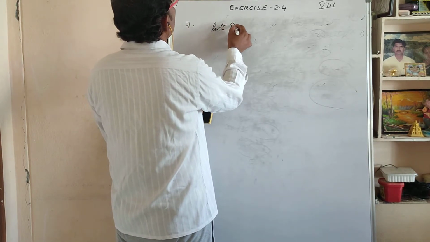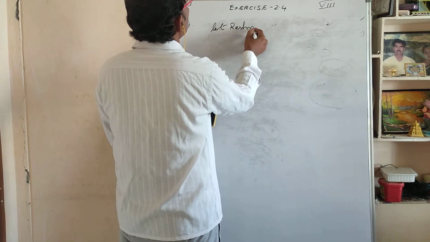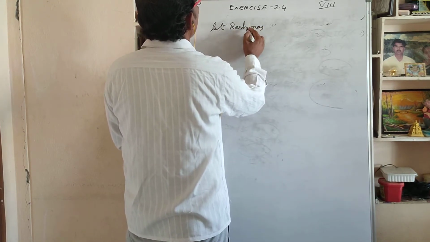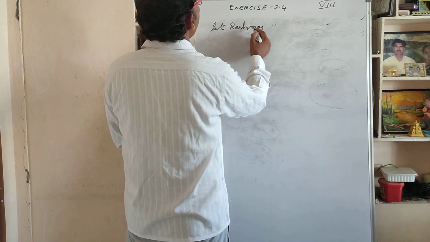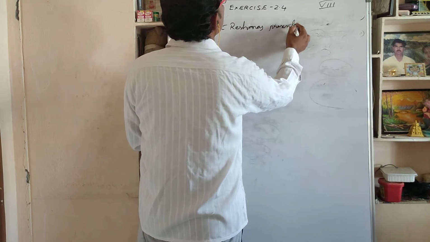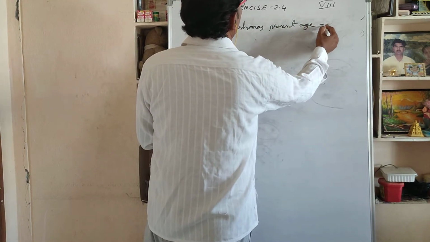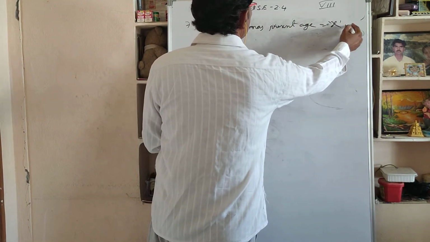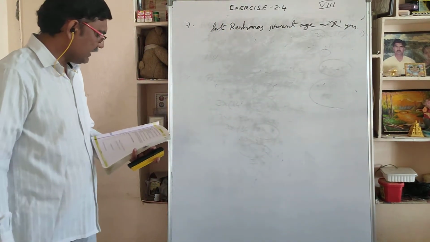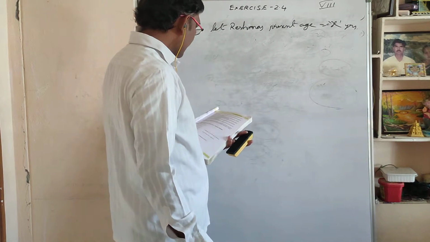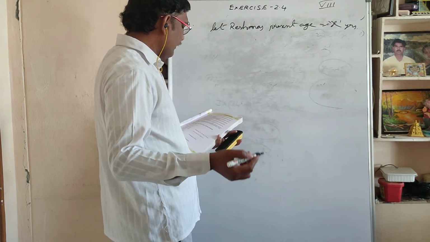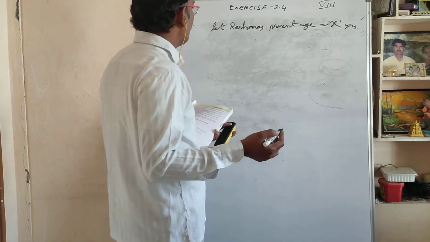Let Reshma's present age be assumed as x years. Reshma's present age you are assuming as x years. So Reshma will be 3 times old as she was 9 years ago.